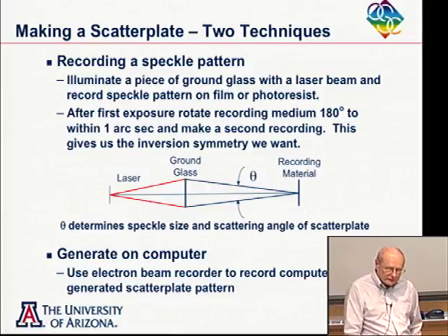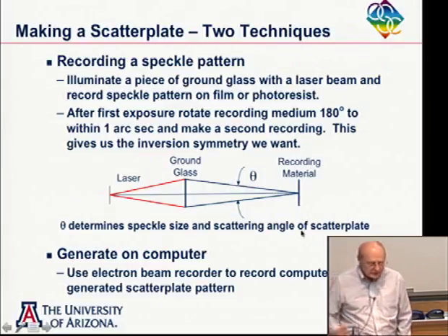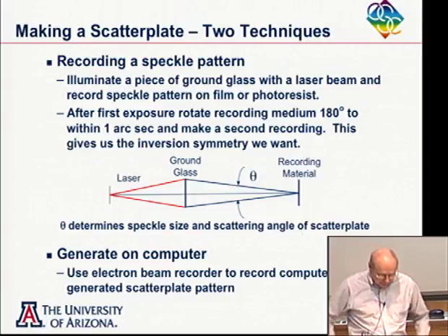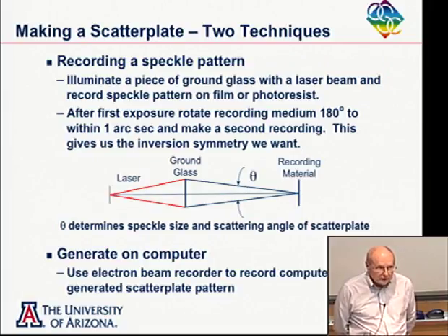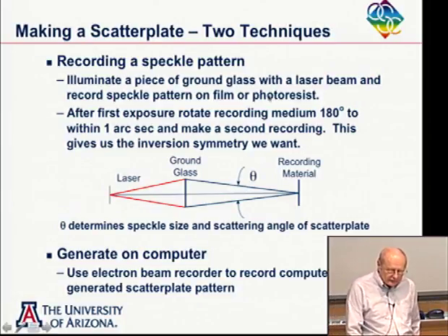You've probably all seen that. And then he would record that speckle pattern. I think the original ones he recorded on film, and then he would bleach the film. I mean, you don't have to bleach a film. You can have a density scatter plate. But you get more light if you bleach it, so he would bleach the film. And then he went to photoresist.